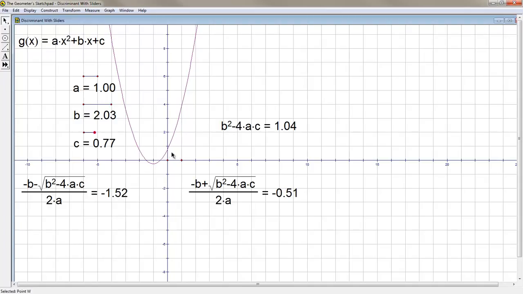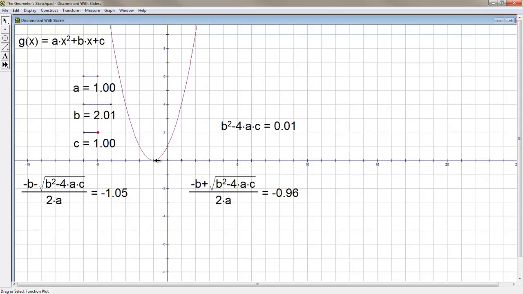The discriminant is pretty small here, and notice that means that the two roots are actually pretty close to one another. If I make it a little bit bigger, I wish I could get this one to 2. Don't think I can. It's really close. So now if I make this just a little bit larger, okay, that's pretty close.